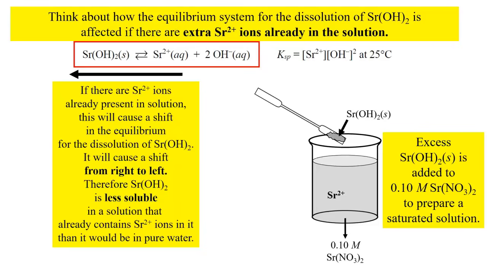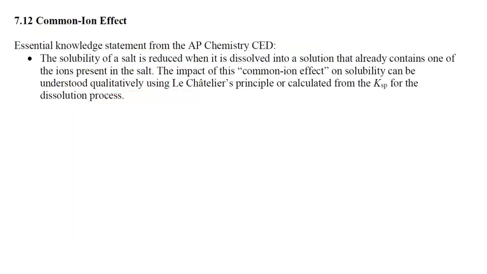Now, what I really like about this particular question, number 7, part C, is it's a great transition to the next topic that we will be discussing in this video, topic 7.12, the common ion effect. It says the solubility of a salt is reduced when it is dissolved into a solution that already contains one of the ions present in the salt.